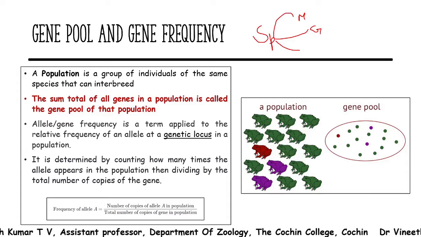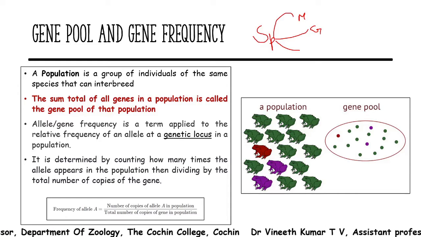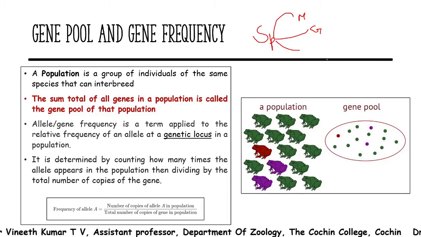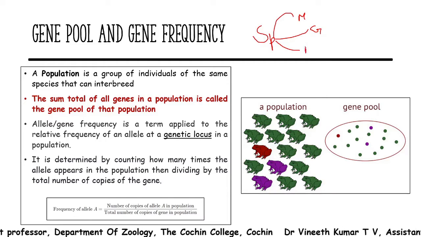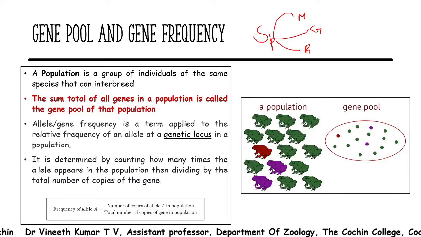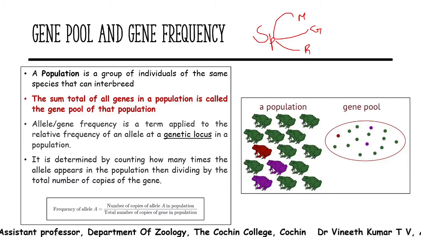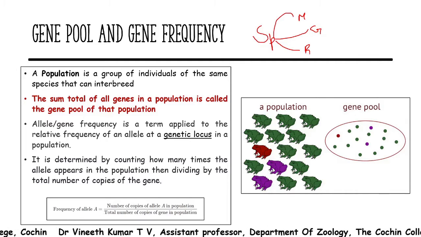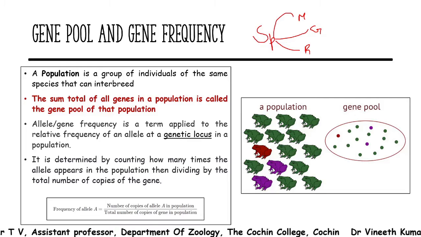So these are the two factors that you consider in recognizing a group to be a species. One is morphological similarity. The second is genetically distinct, and the third, the most important one, is reproductively isolated. That is, this group should be able to breed and produce fertile offspring.